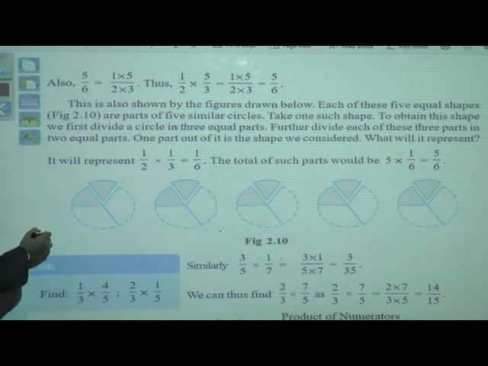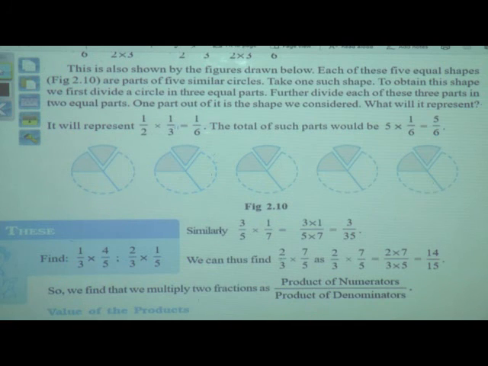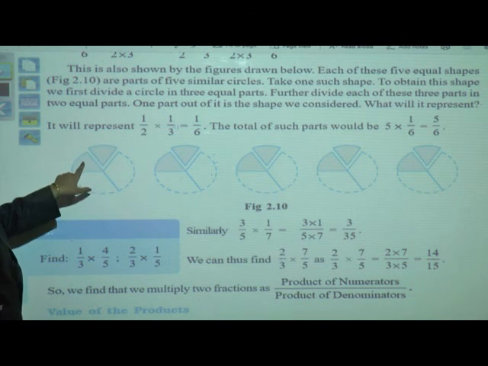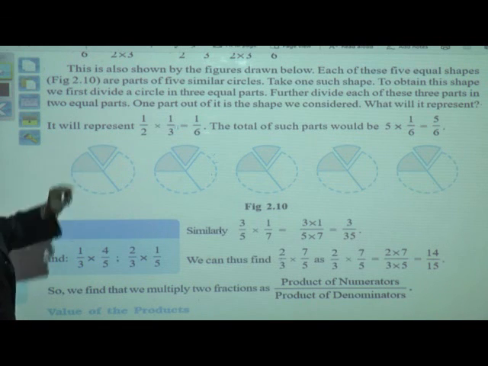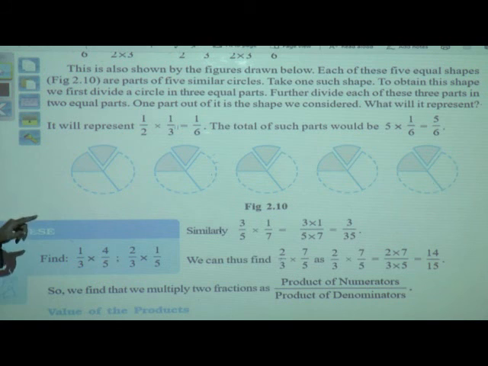We will see other parts of the 5 similar circles. Take one such shape. To obtain the shape, we first divide a circle into 3 equal parts. First we will have a circle. We divide this circle into 3 equal parts. Further divide each of these 3 parts into 2 equal parts.